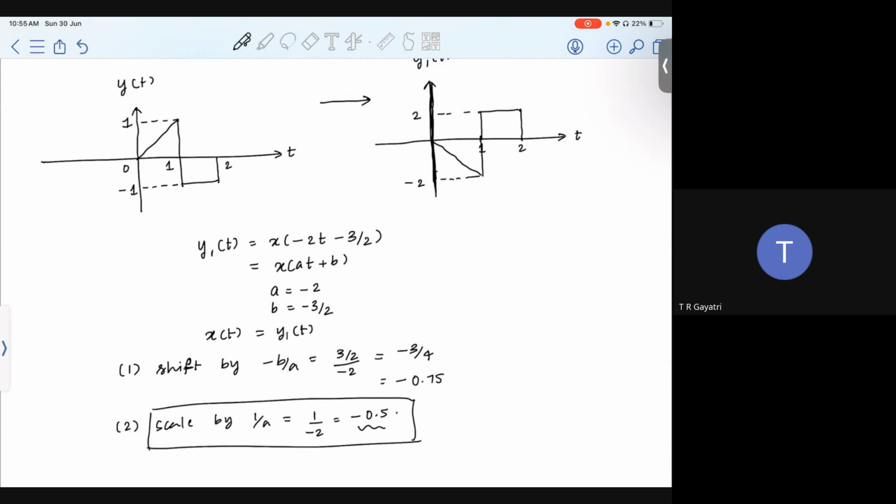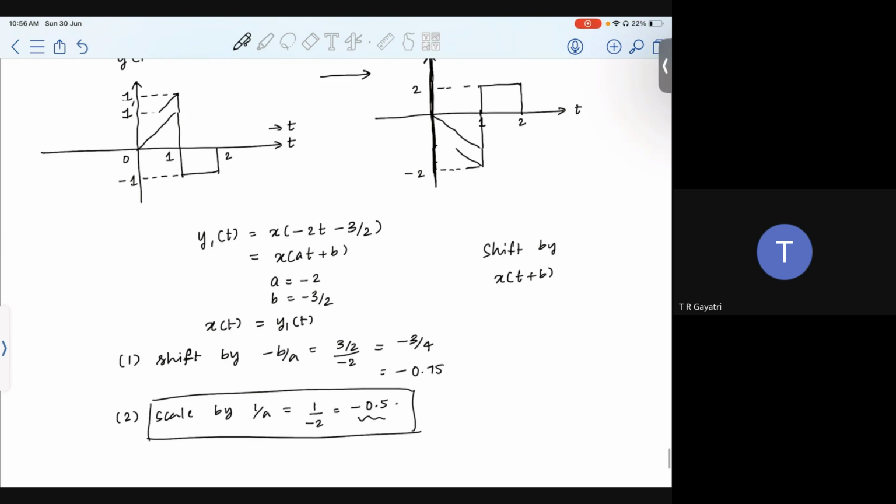So shift by minus b by a, you have to shift it by minus 0.75. How do we shift by minus 0.75? Remember, for x of t plus b, we subtract that much from the time axis. So what we have to do is add plus 0.75 to everything.